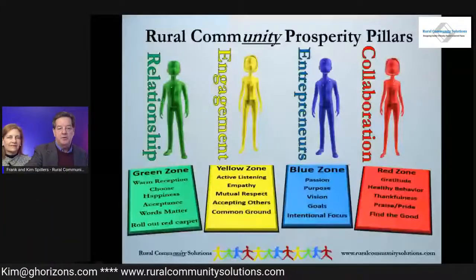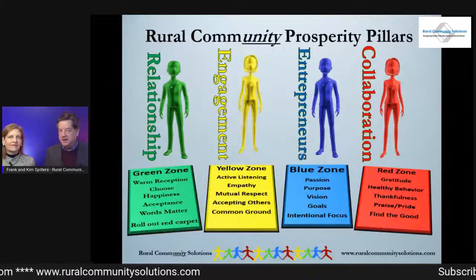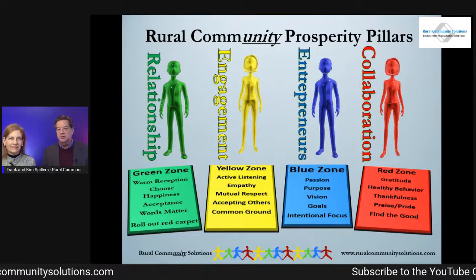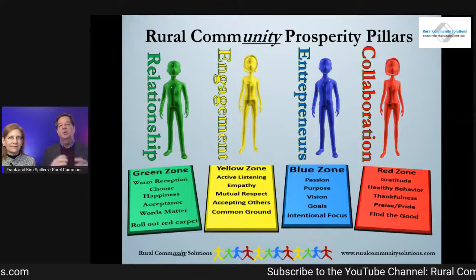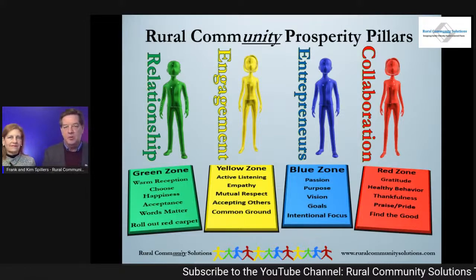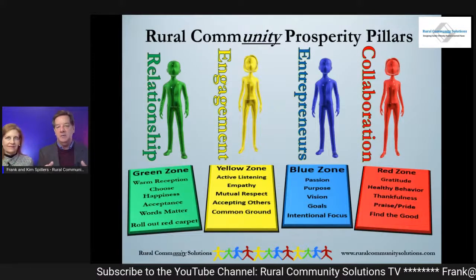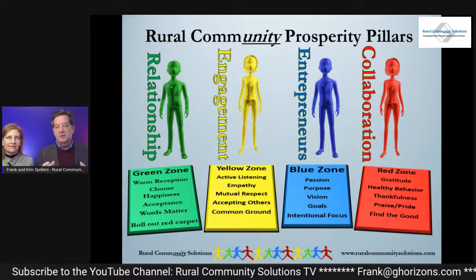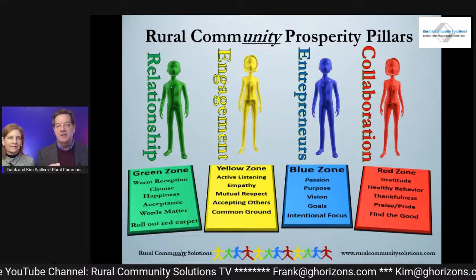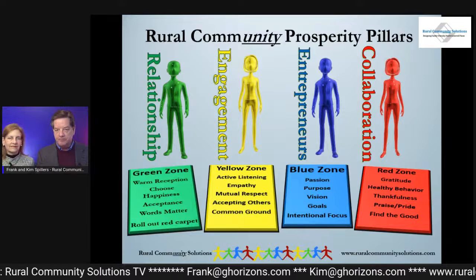And so we have a process that we want to talk to you about today of how Rural Community Solutions works with regions, works with your community of an identified community region. And the region that we define is where your commuters come from.